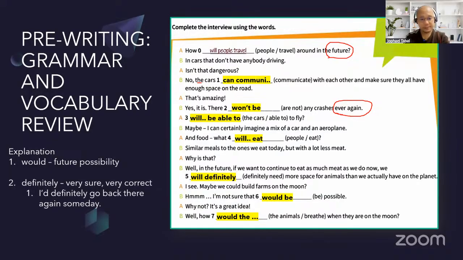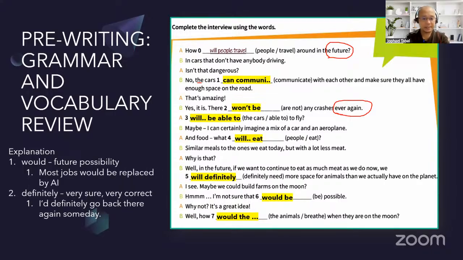So for example, most jobs would be replaced by AIs 10 years from now. Okay, AIs maybe 10, 20 years from today.